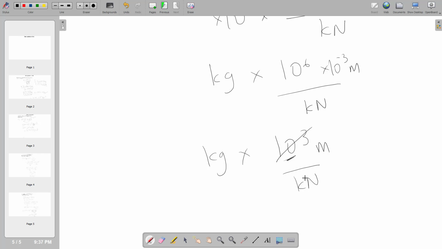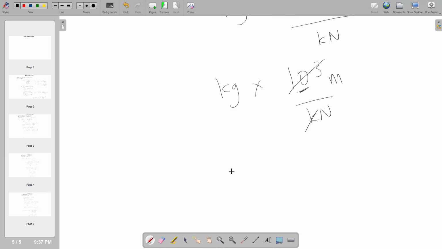So this can cancel out with this. And then finally we have just kilogram multiplying meters and then per newton. Then we join this with our 0.447. So this becomes our final answer, 0.447 kilogram meter per newton.